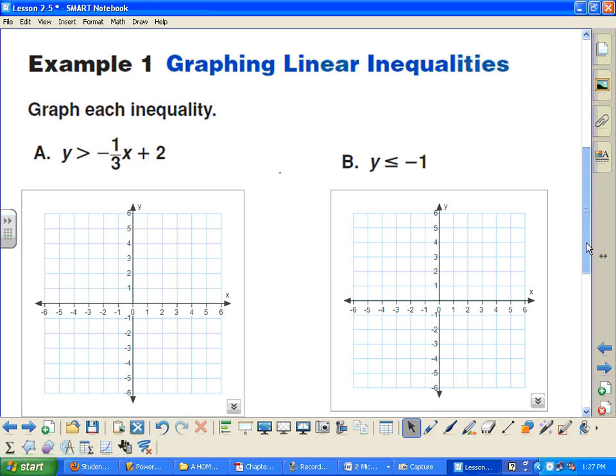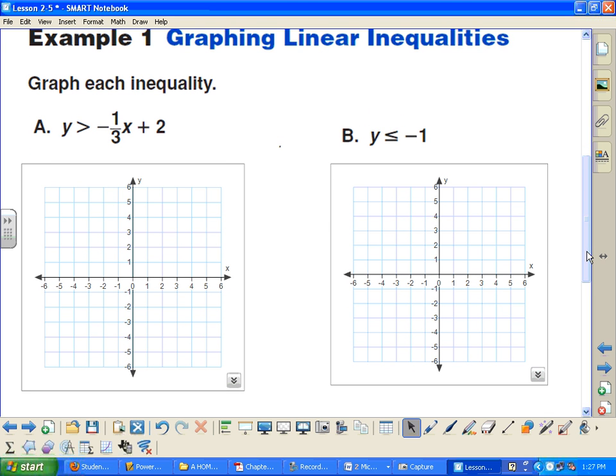Right, so here we've got two lines. We're looking at both of these, and we're going to graph them. The first one says y is greater than negative 1/3 x plus 2. Just like on a number line, if I have greater than or less than, we put an open dot.